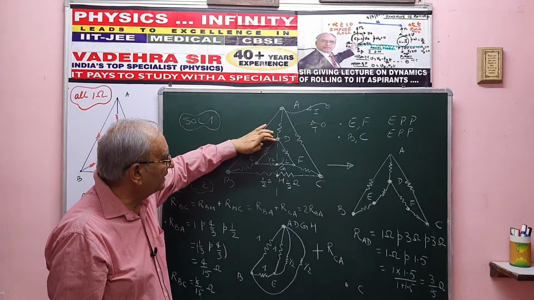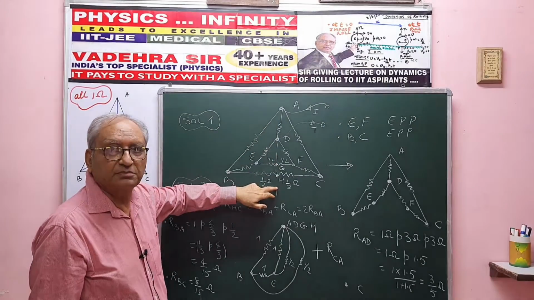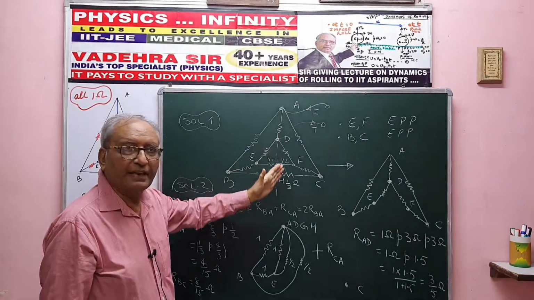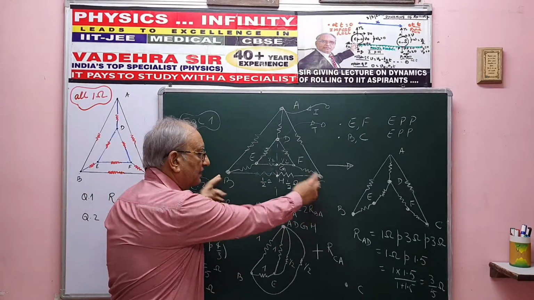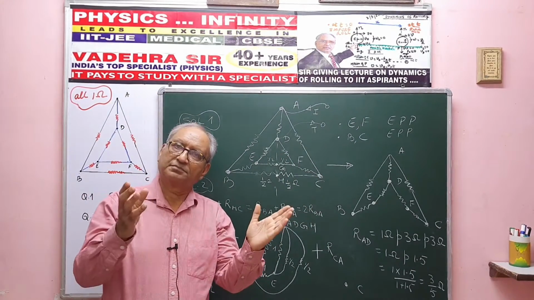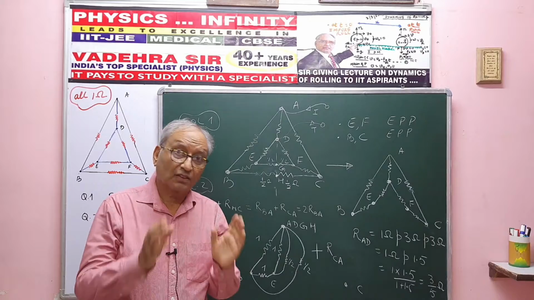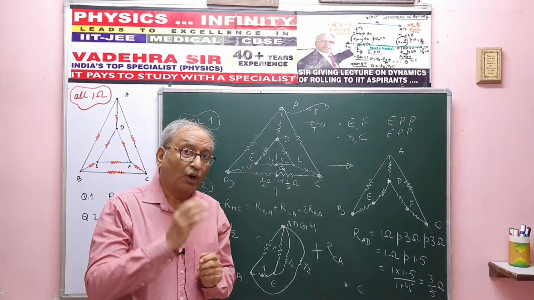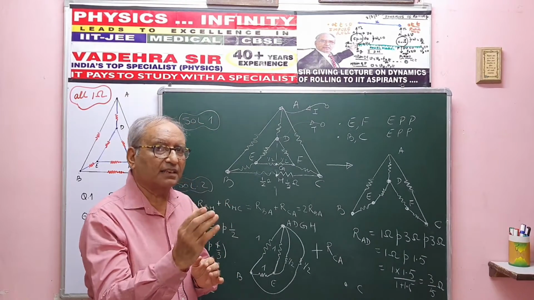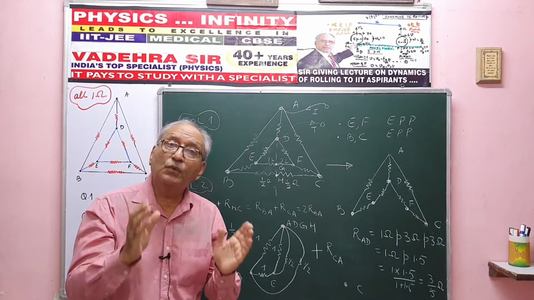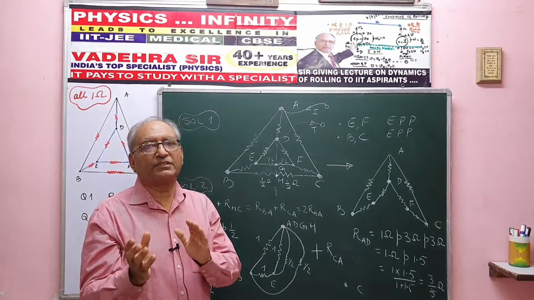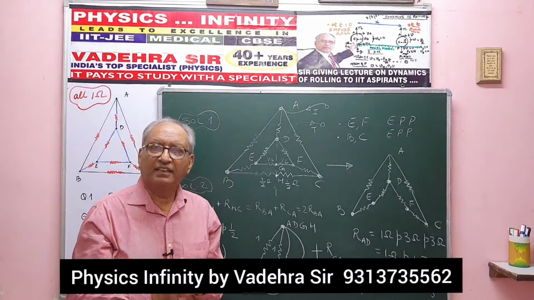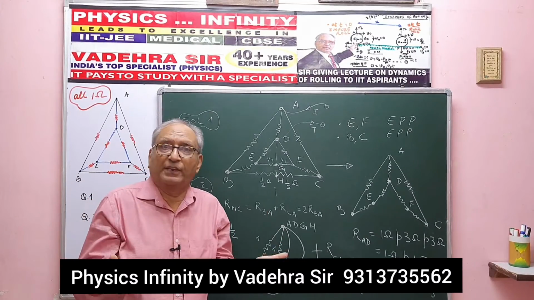So A, D, G, H. This is the perpendicular bisector of the cell axis BC. Observe this perpendicular bisector carefully. You will observe that there is symmetry about the cell axis, about the perpendicular bisector.